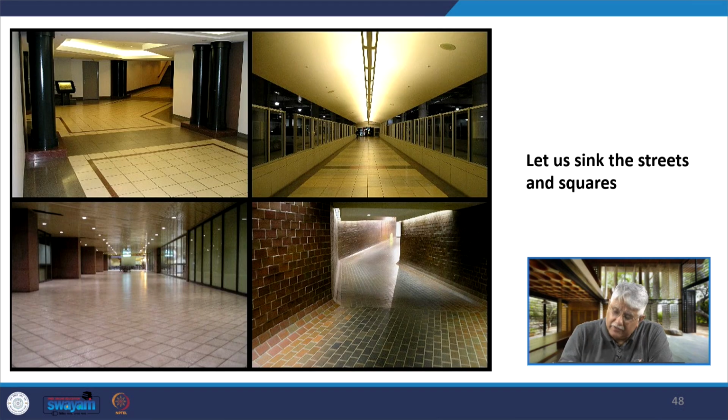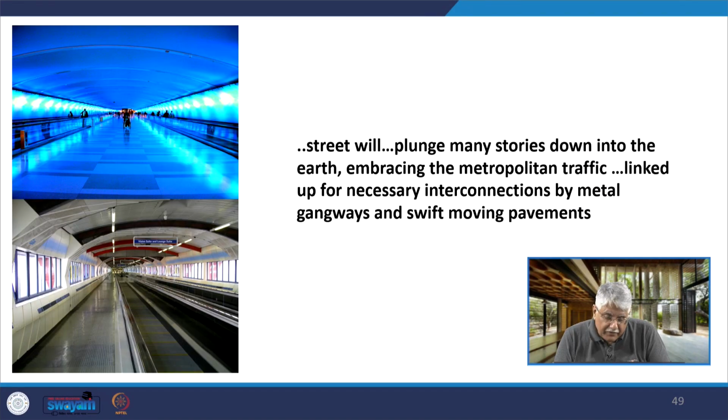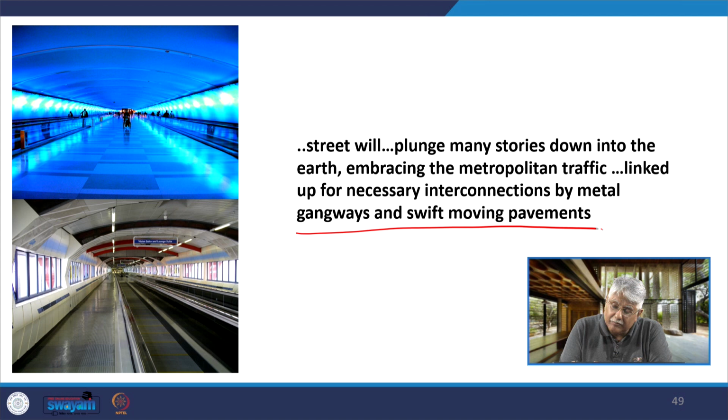Let us sink the streets and the squares. So we have pathways which run underneath our streets, and there are these walkways that are created in our cities. Streets will plunge many stories down into the earth, and that has happened, embracing the metropolitan traffic, linked up for necessary interconnections by metal gangways and swift moving pavements.